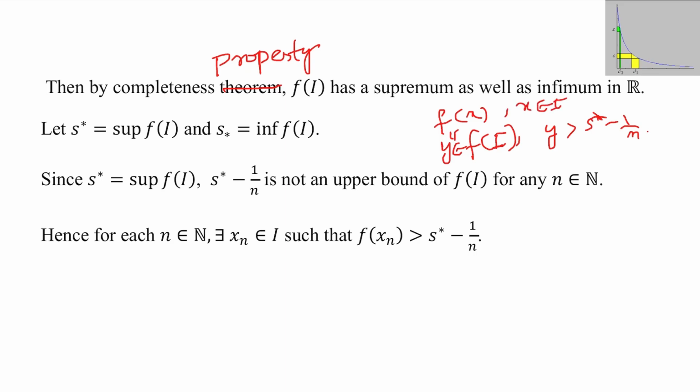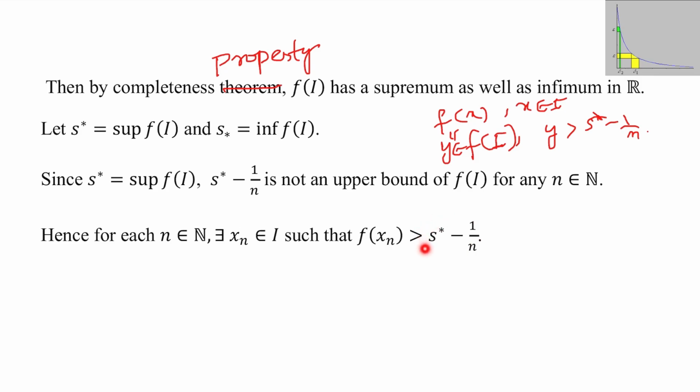So we can say that for each n element of natural numbers, there exists some xn element of I such that f of xn is greater than s upper star minus 1 by n.